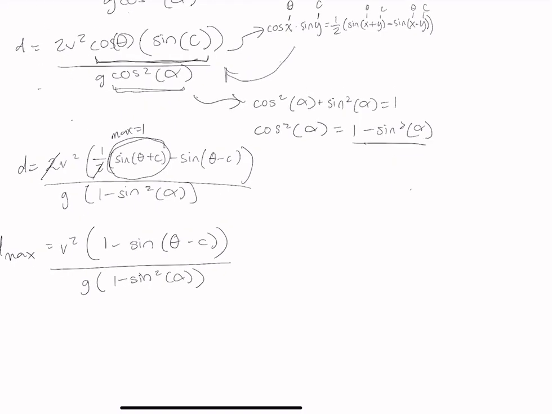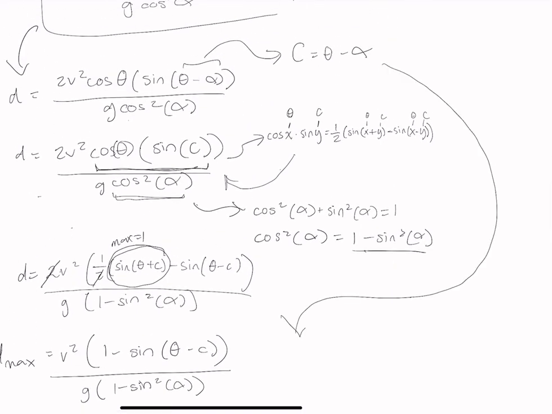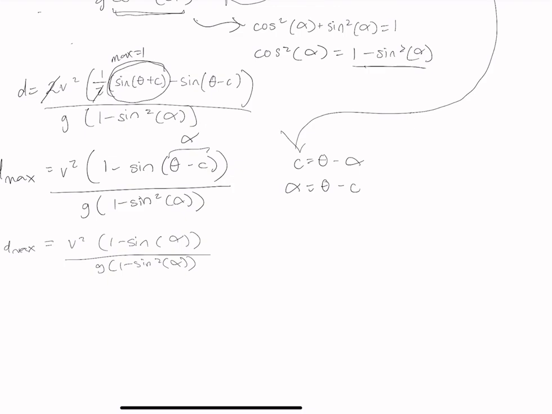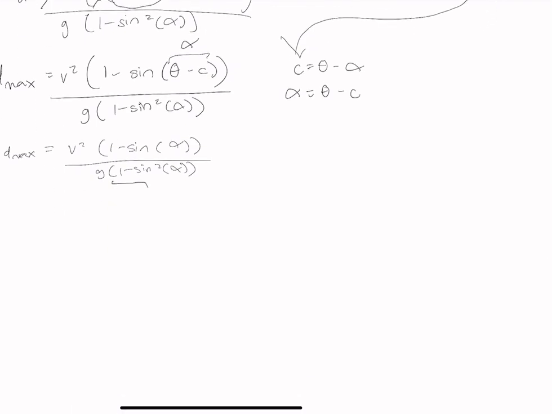Now, do you remember that angle C is equal to theta minus alpha? Well, here we have theta minus C. So if we subtract C over and add alpha over, we realize that this angle is really just alpha. So we can replace that. We can expand this into 1 plus sine times 1 minus sine.